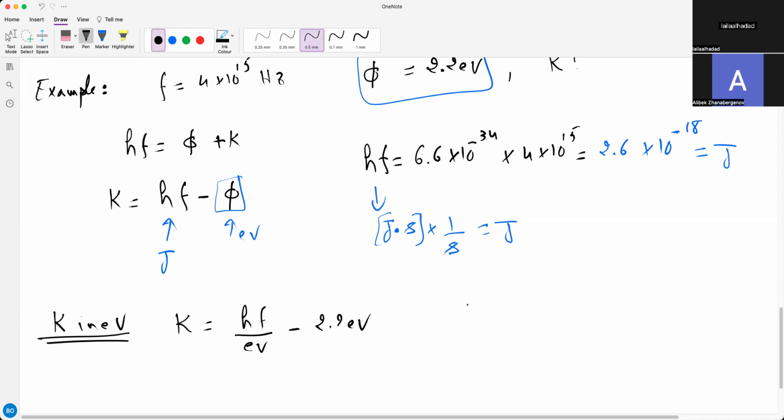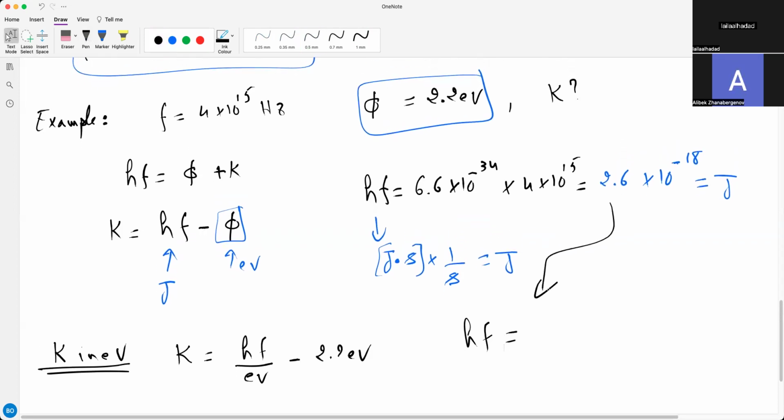So how do you convert? From here, HF is equal to 2.6 10 to the minus 18 joule, and then you divide by 1.6 10 to the minus 19.